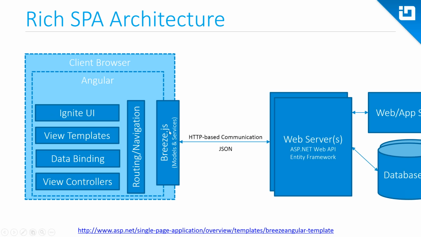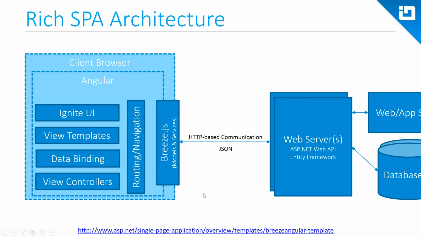So that's where we play, and then I highly recommend this library called Breeze.js, and it facilitates communications with your web server, and it actually will help you build your client-side object models for your actual domain models, so that you can easily then bind those to either Ignite UI or whatever other templates you have going on there.